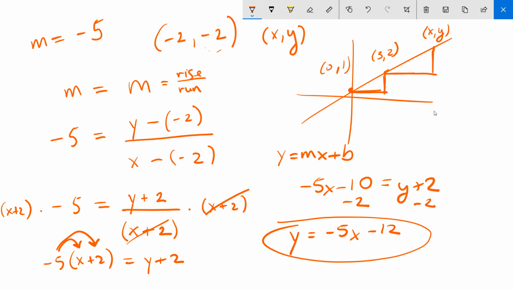This is finding the equation of a line given the slope and a point. I'm going to give you another example.